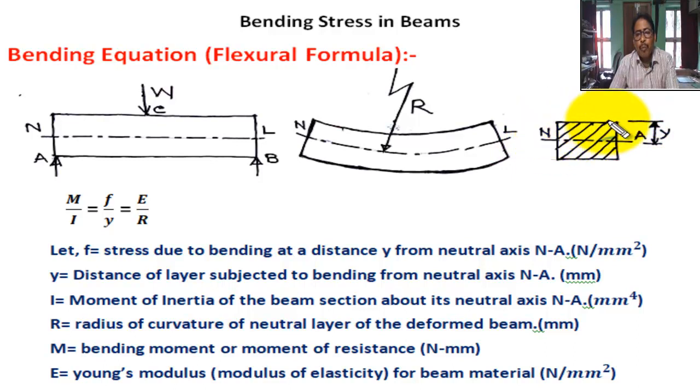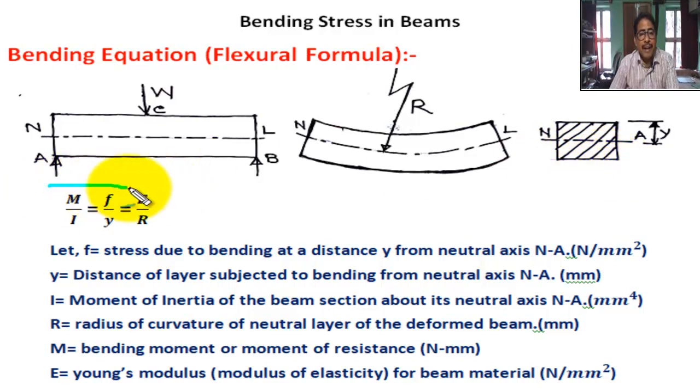Up to the topmost layer, as distance increases, compressive stress also increases, and likewise at the lower portion of NA, as distance increases, tensile stress increases. At the bottommost layer there is maximum tension.